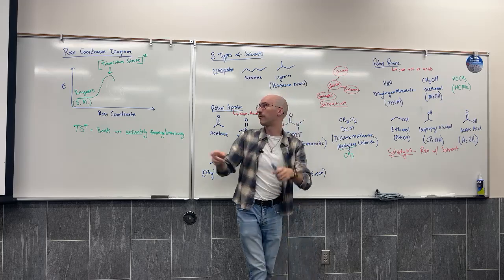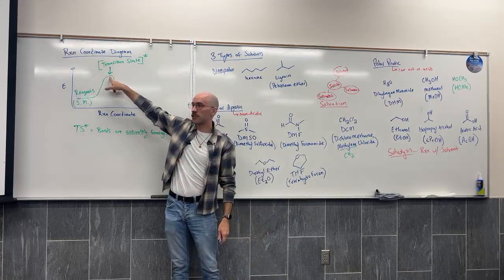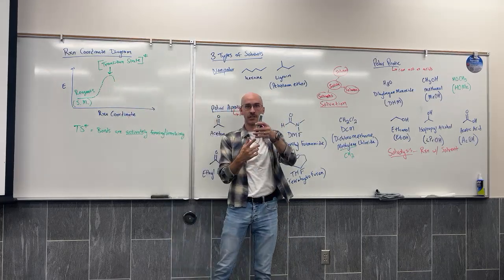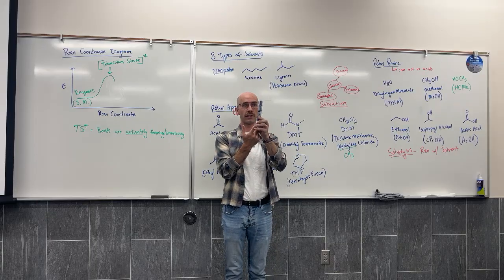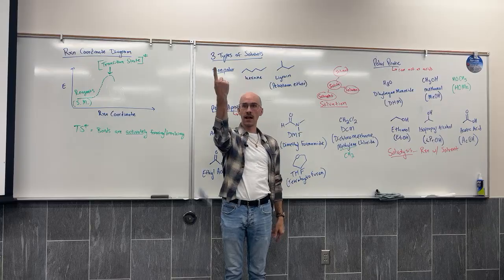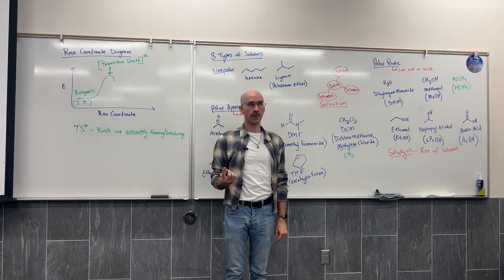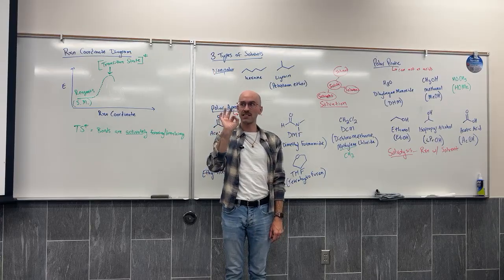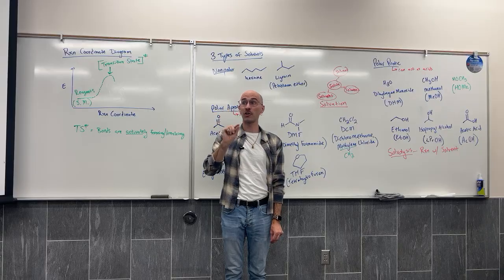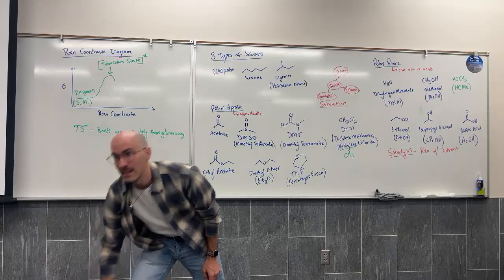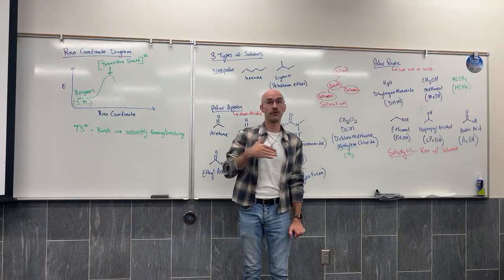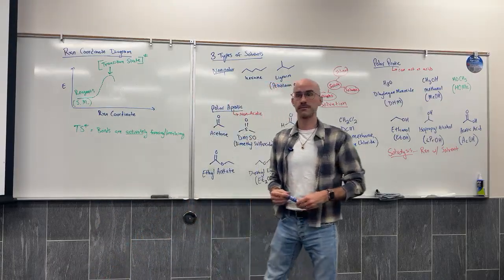And the question of when a structure is in that transition state, is it going forward in the reaction coordinate or is it going backwards? The answer to that question is it's not going forward or backwards. It's just at the pinnacle, and it could go either way. A transition state is not inherently moving forward or backwards in a reaction.